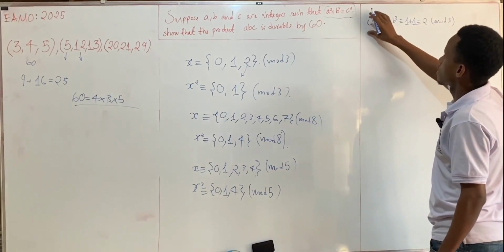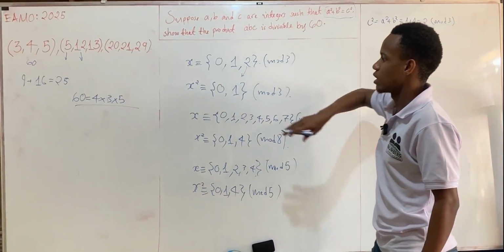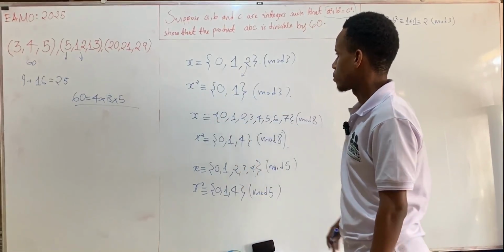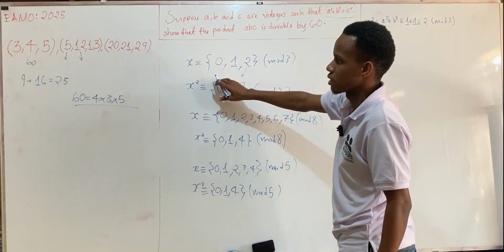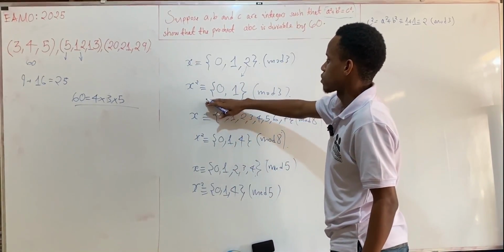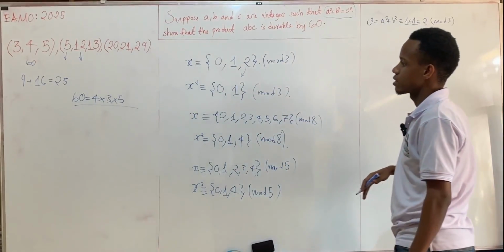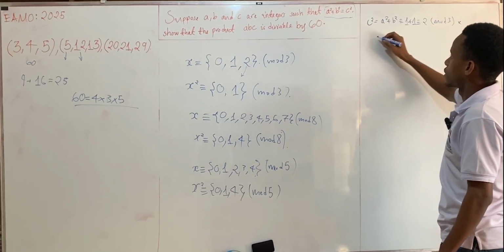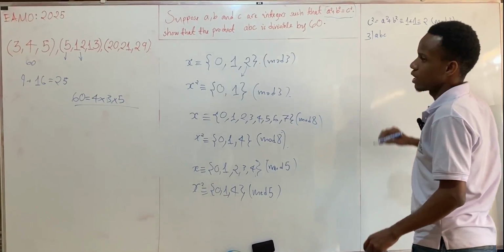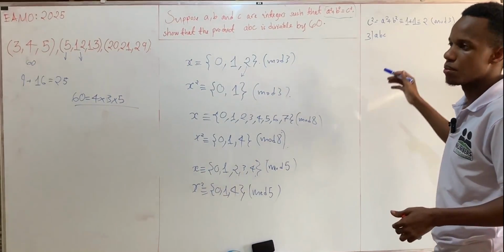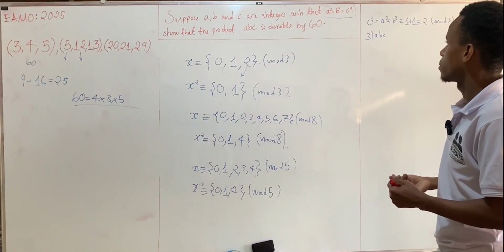But remember, c squared is also a perfect square, so it has to leave a remainder of either 0 or 1. But 2 is what we get, and we know that 2 is not a perfect square residue modulo 3. So this case is impossible, and we have to declare that 3 has to divide one of a, b, c. So at least one of a, b, or c has to be a multiple of 3.